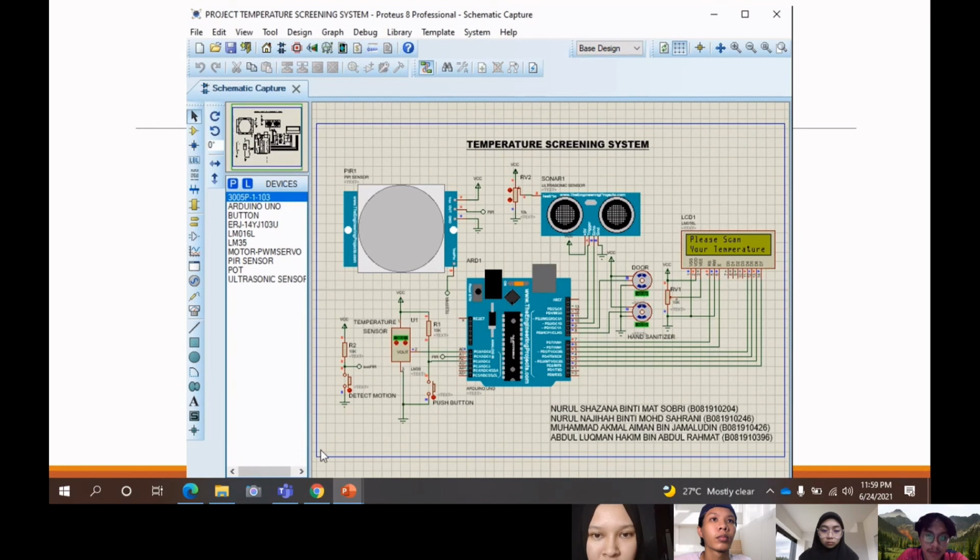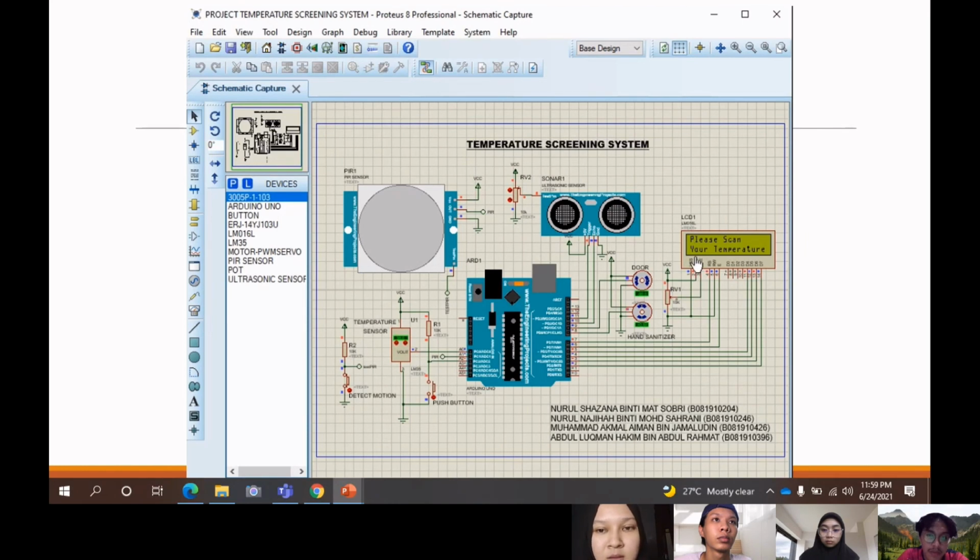Okay, as you can see, when we push the start button, it will trigger the person who is coming. So it will display please scan your temperature.